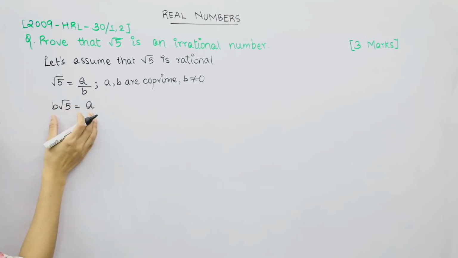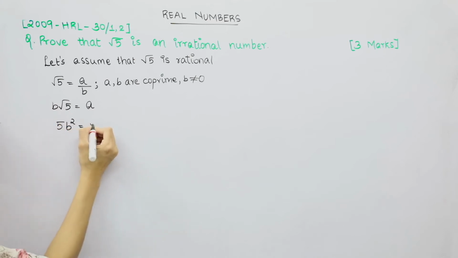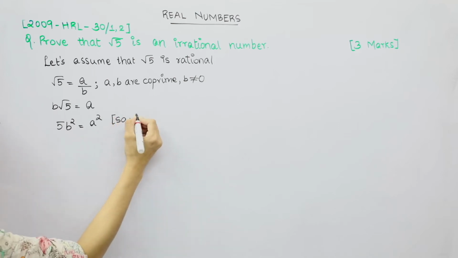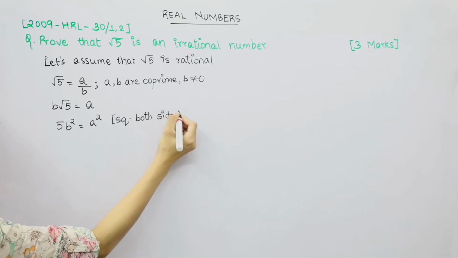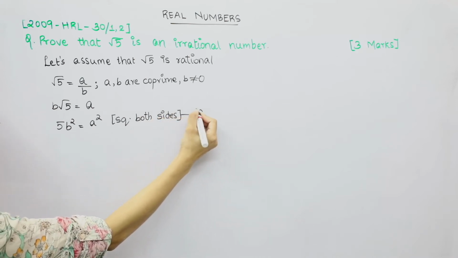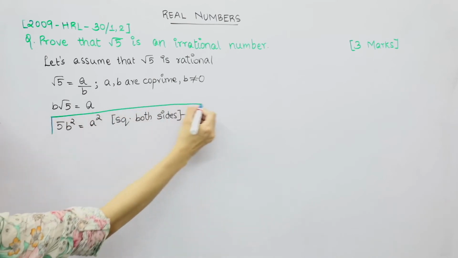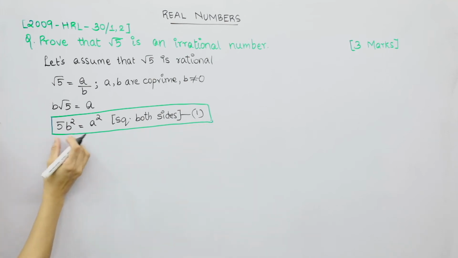Now let's square both sides. So we get 5b square is equal to a square by squaring both sides. And this is our equation 1. 5b square equal to a square means 5 multiplied by some number is equal to a square, which means that 5 is a factor of a square.